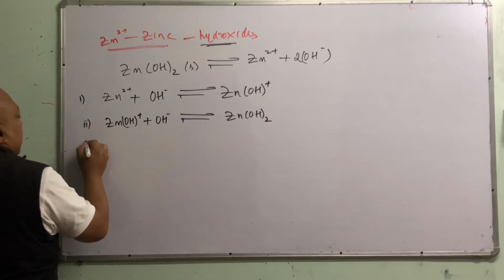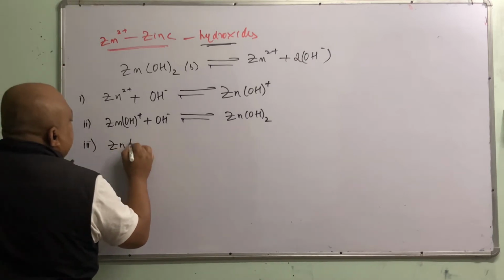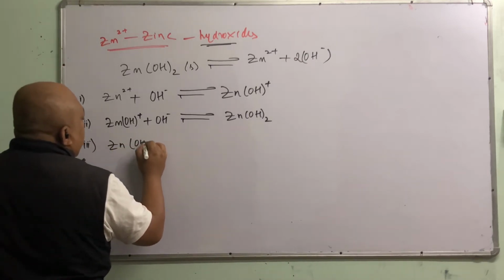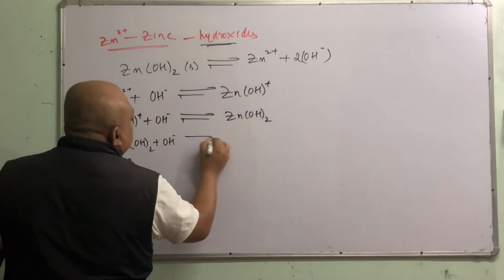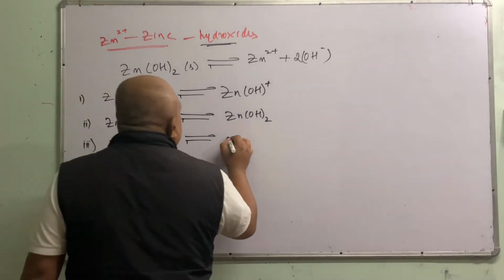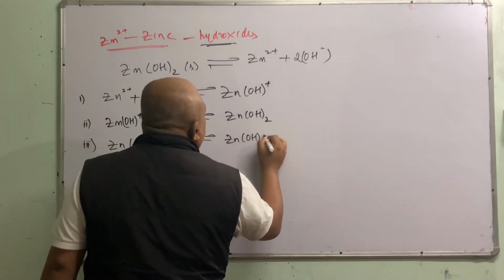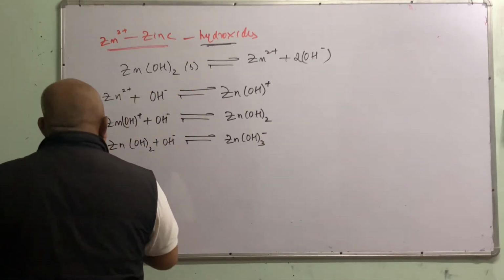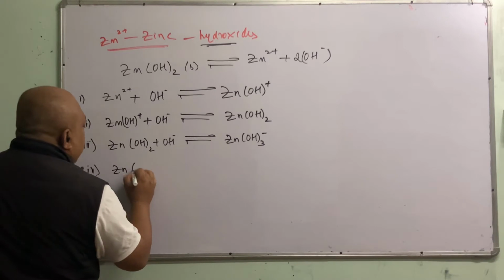Number two equation, the number three equation is when Zn(OH)2 reacts with OH, it forms Zn(OH)3 minus. Just let me write it down first, I'll explain it, don't worry.